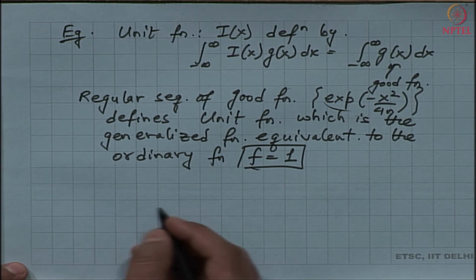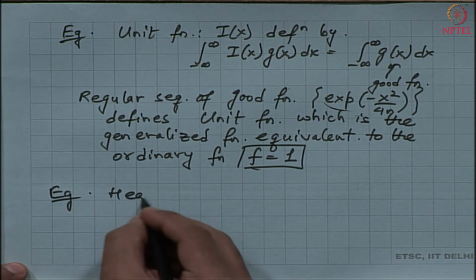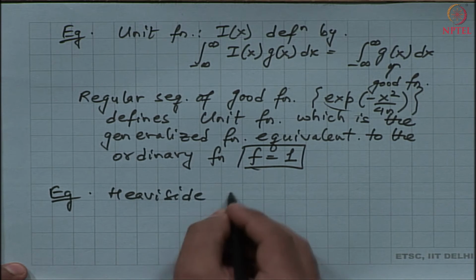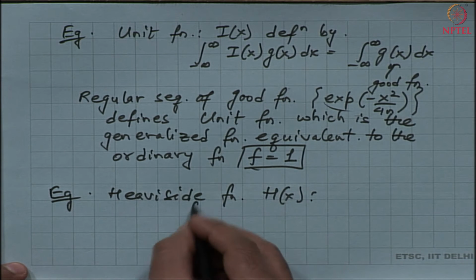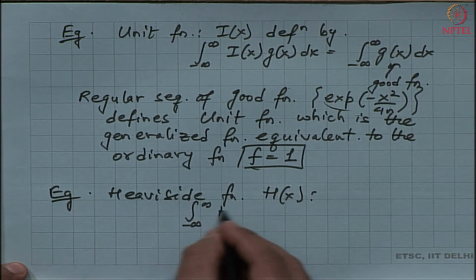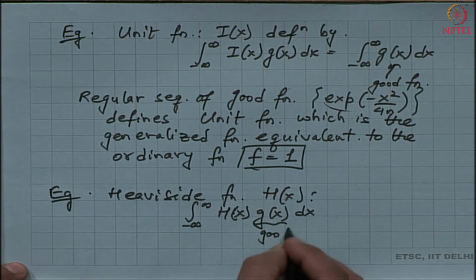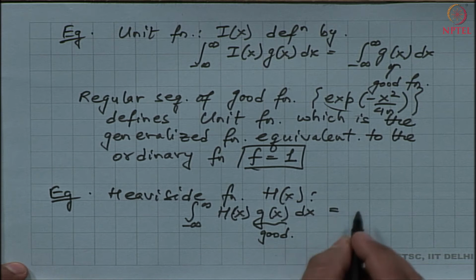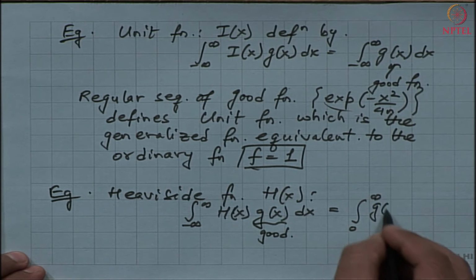Similarly, another example is the Heaviside function. So, h of x is defined by the following generalized function equivalent: h of x g of x, again without loss of generality these are good functions, is given, as the definition says, by the integral from 0 to infinity of g of x dx.